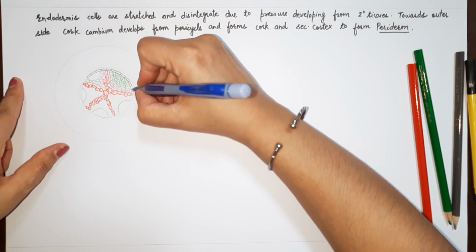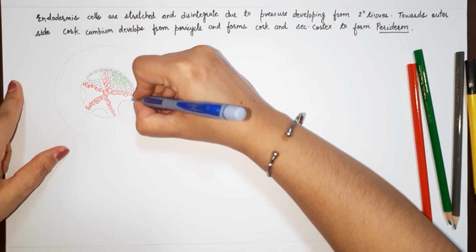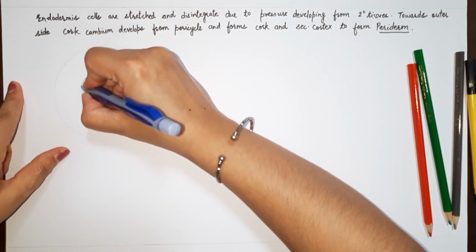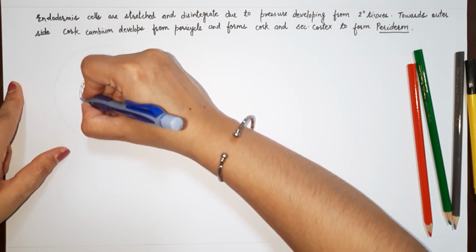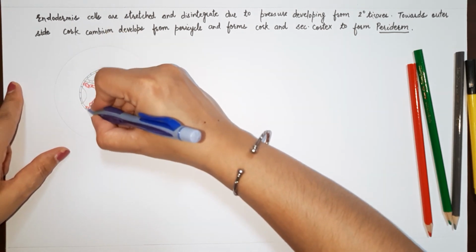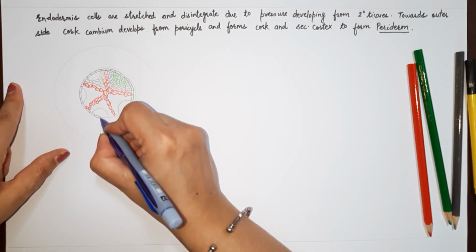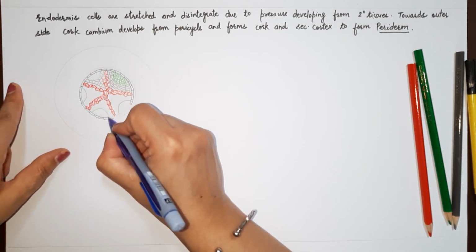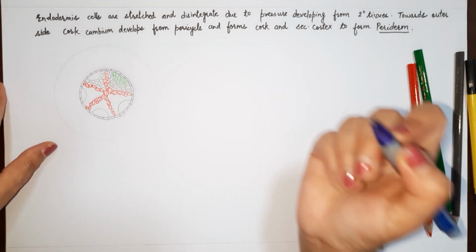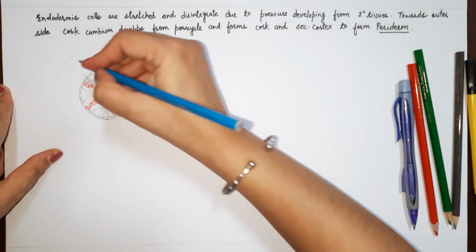Okay, don't show like this, just the cross sections. So this is pericycle.